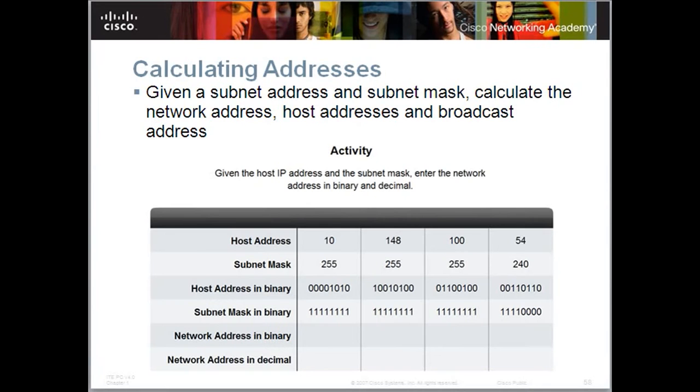Initially, this was the network part, and these all are host bits. So it was /8. Let's understand what we mean by 240.